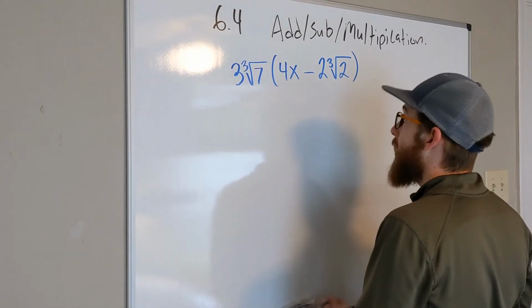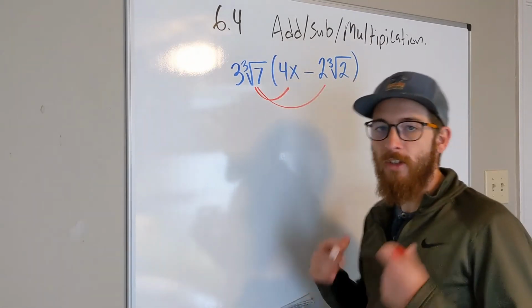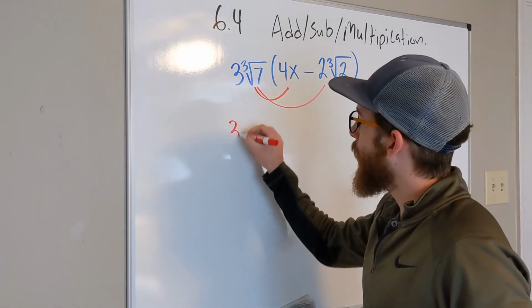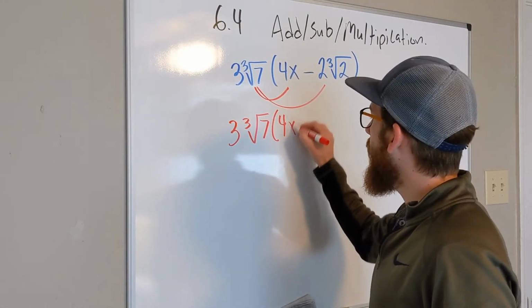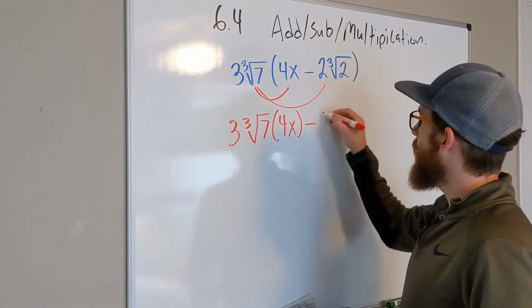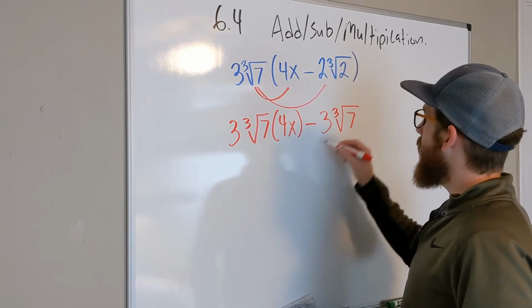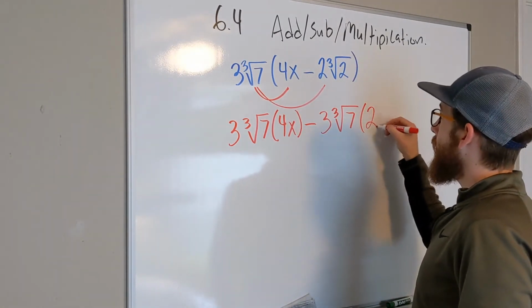We still just distribute. So this times this, 3 cube root of 7 times 4x minus 3 cube root of 7. Well, I took the minus sign from there, so this has to be positive here.